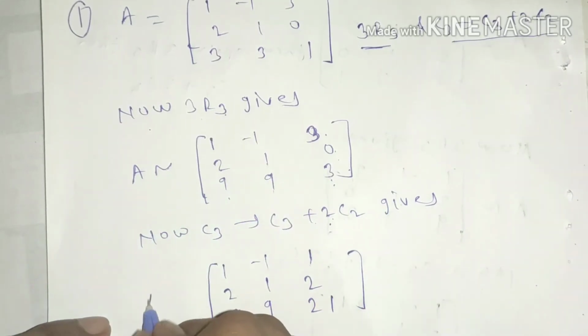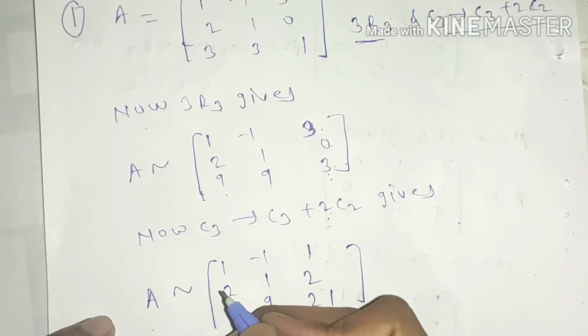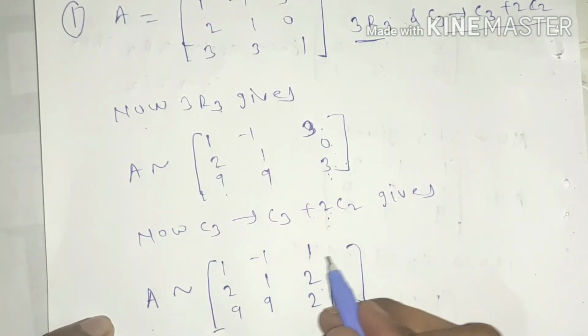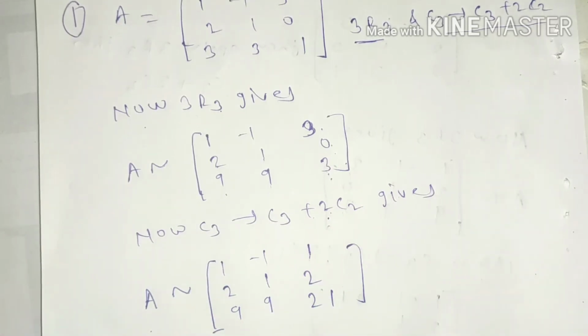So we say the given matrix A is equivalent to 1 minus 1 1, 2 1 2, 9 9 21. Thank you.